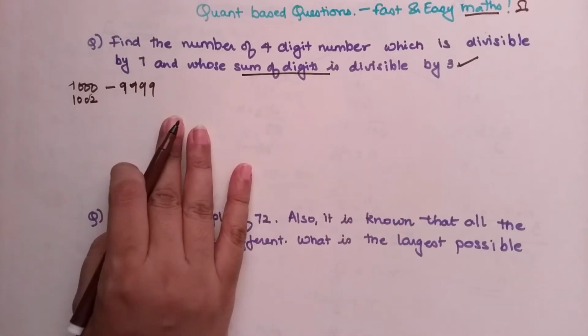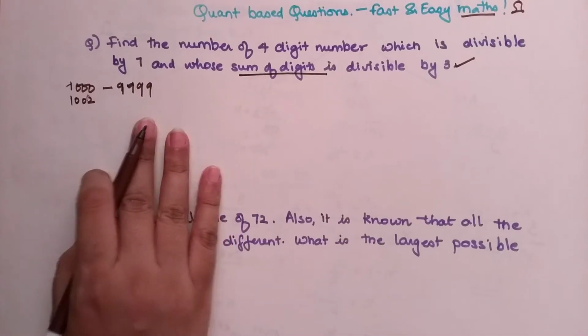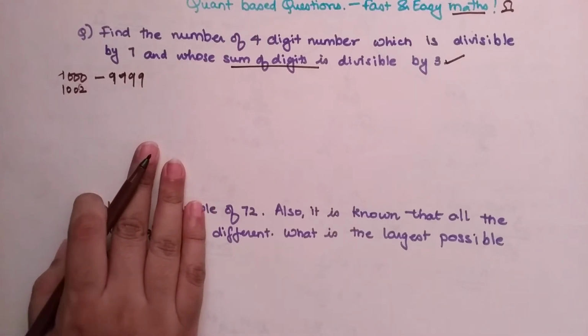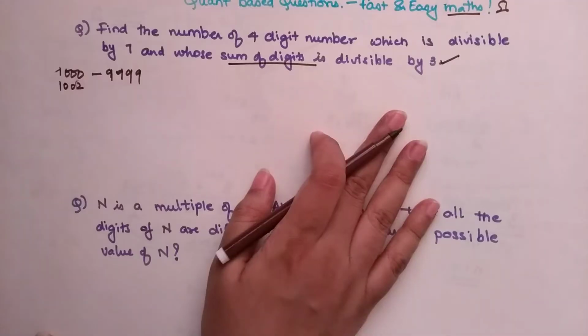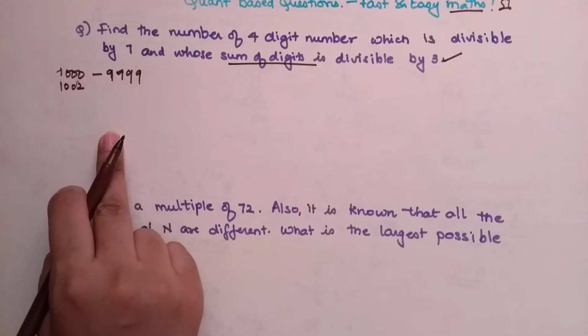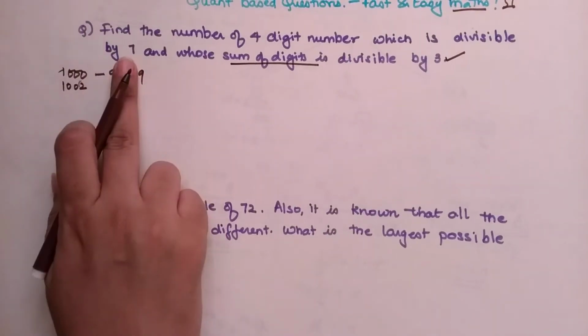I'm so sorry, so we should check for 1005. Now for 1005, when you double the 5 and subtract it, you get 90. So that is not divisible by 7.